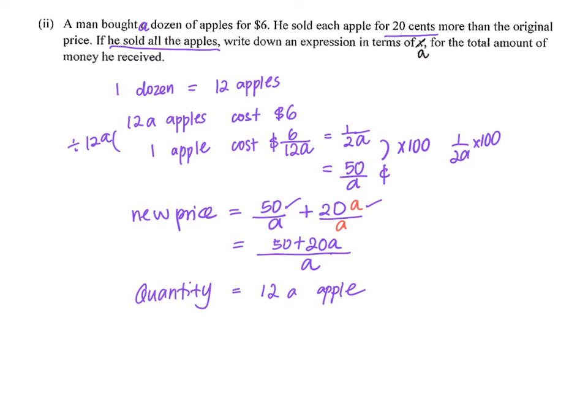That will give you 50 plus 20A over A, times 12. What happens to this A over here? They cancel away. So I'm left with 50 plus 20A times the number 12. Expand this.